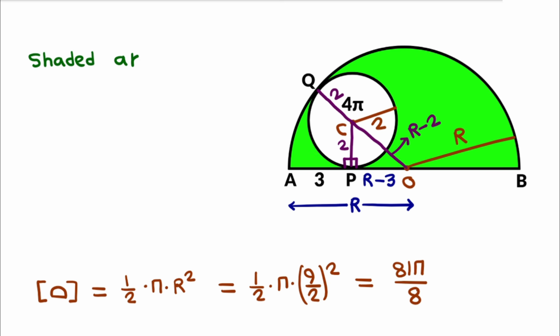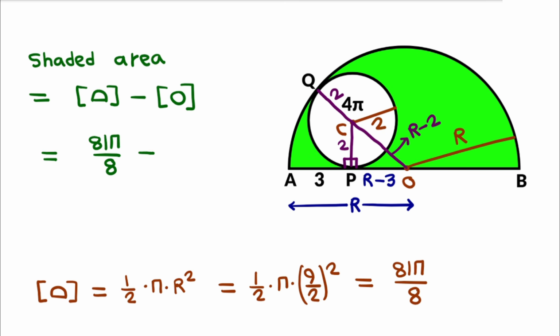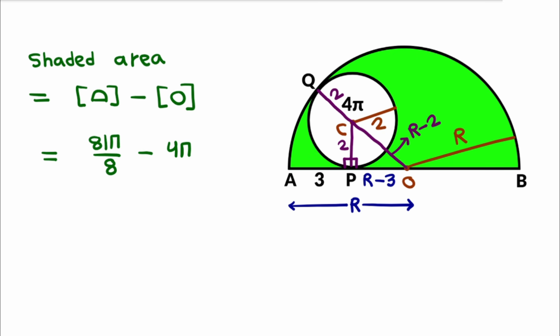The shaded area equals the area of the semicircle minus the area of the small circle. That gives 81 pi over 8 minus 4 pi. Let's rewrite 4 pi with a denominator of 8. 4 pi becomes 32 pi over 8.